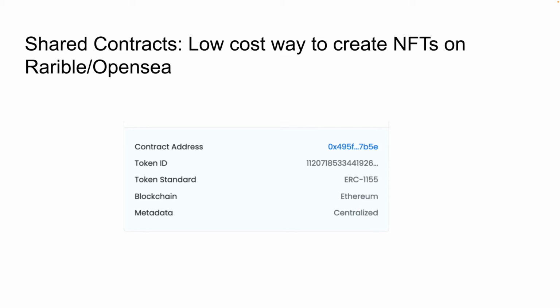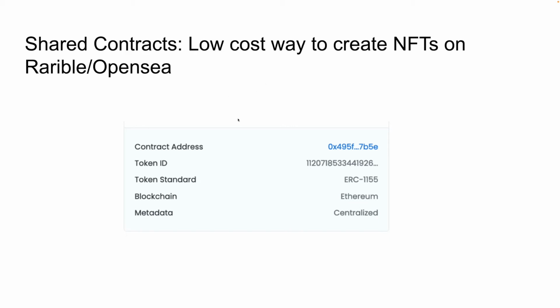For a new artist that hasn't sold anything, deploying their own contract for 0.2 ETH might be too big of an ask. So OpenSea, Rarible, and other NFT platforms built on top of Ethereum let you use their shared contracts, which really makes it easy for artists to start minting and start selling, right?